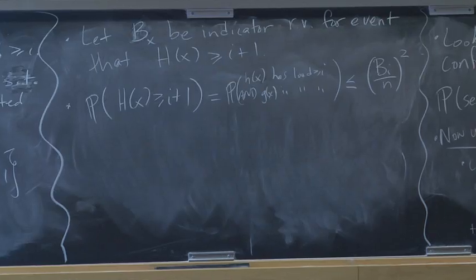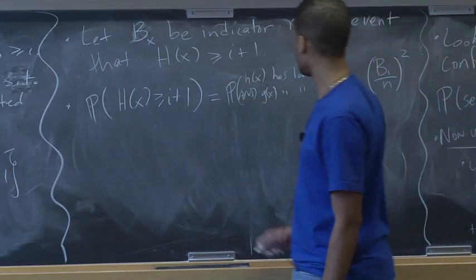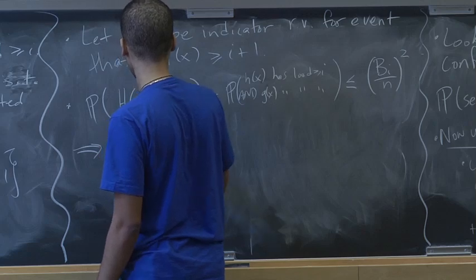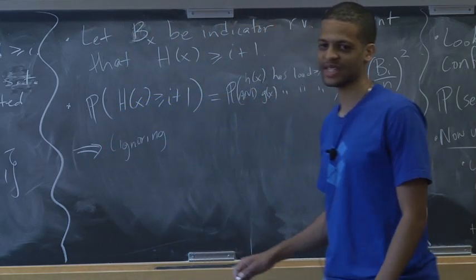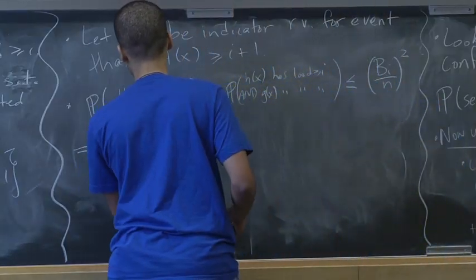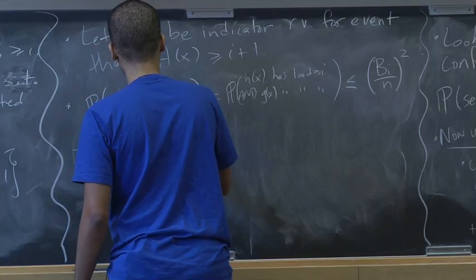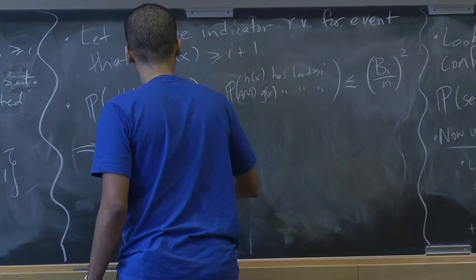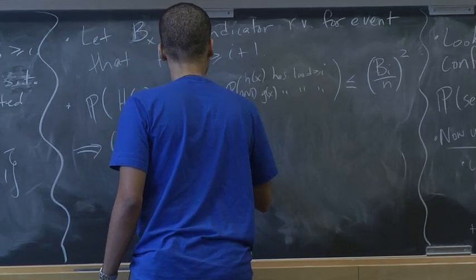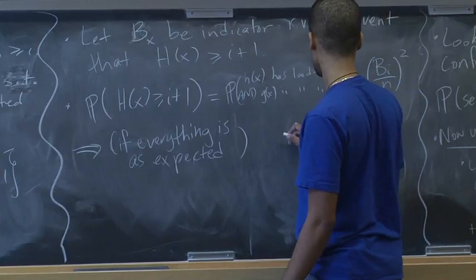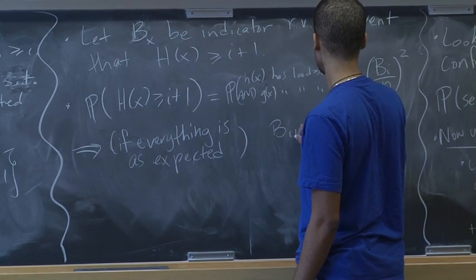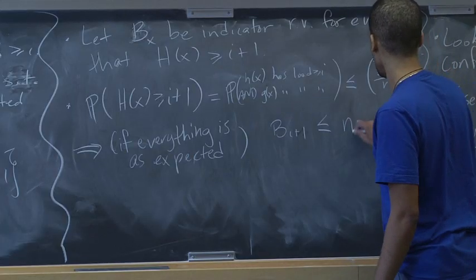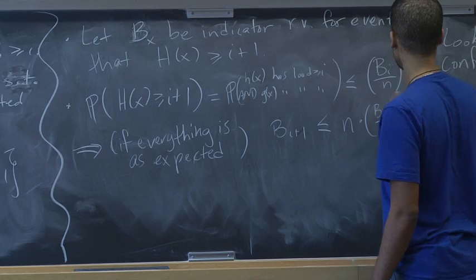So this implies, ignoring the fact that things don't behave exactly like their expectation, that if everything is as expected, we have that B_{i+1} is at most n times (B_i over n) squared.